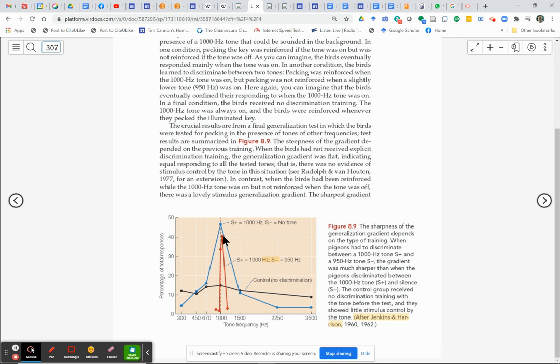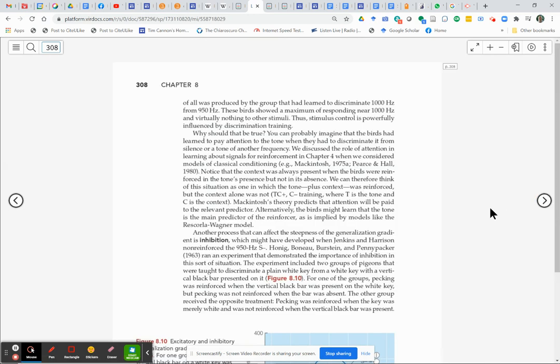But their highest rate of responding is to a stimulus they weren't trained on. And it's pushed away from the S minus. And this is called peak shift. And there's a long discussion of peak shift and why it might happen.